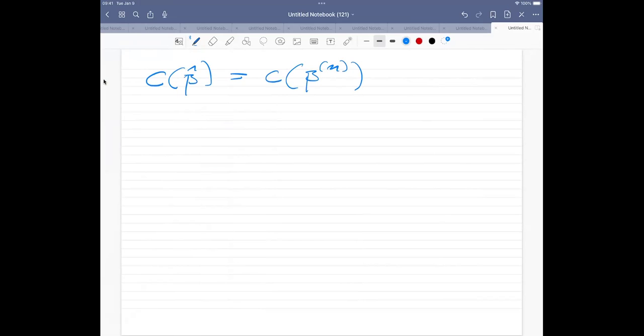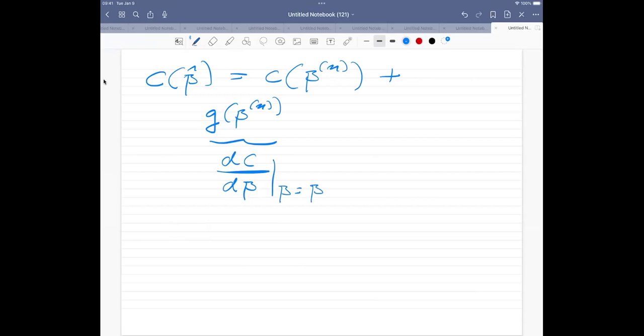And then I have the first term, which is obviously the derivative, which depends on beta of n. So this is now just dC/dβ, calculated at beta equal to beta of n. And obviously then I have to multiply this with the optimal value minus the previous value, like that, okay?